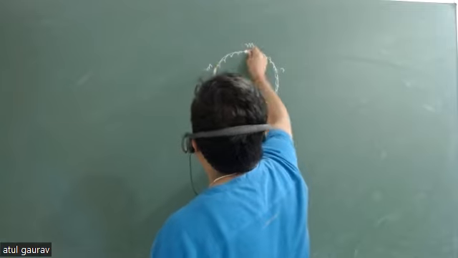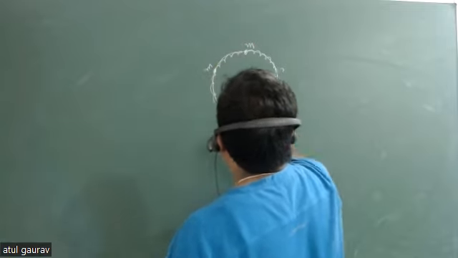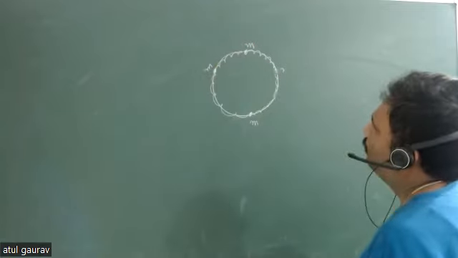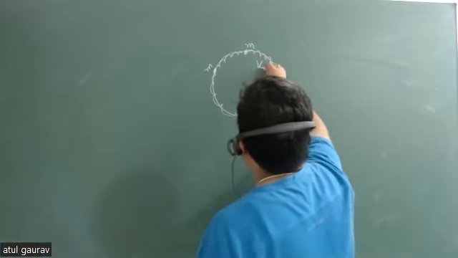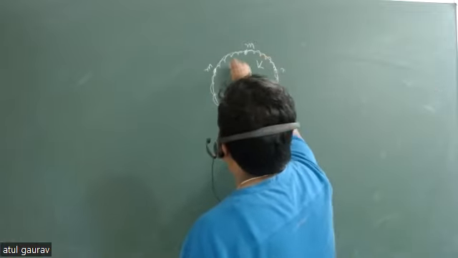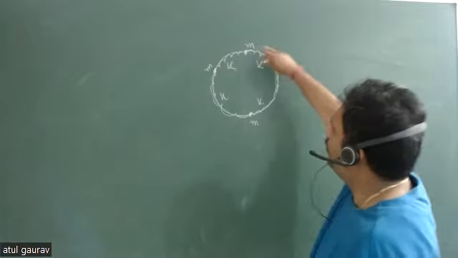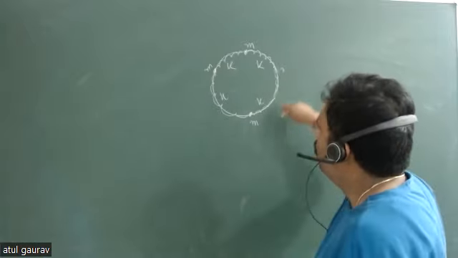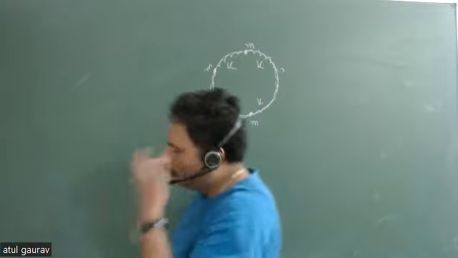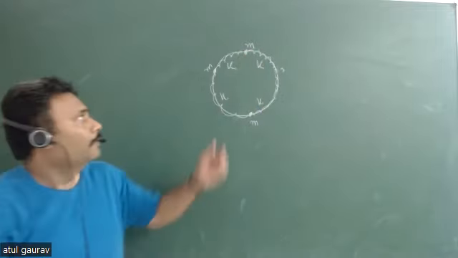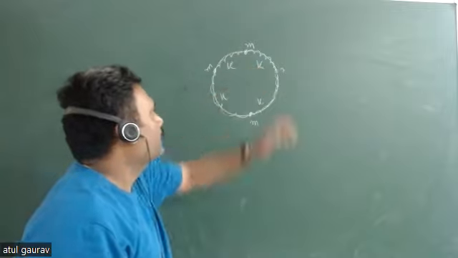So this is your mass m, mass m, mass m. All springs have spring constant k, and this particle is constrained to move on a circle of some radius a. So this can be moved something like this.